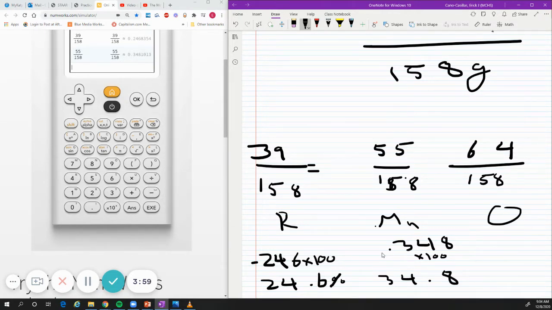And then the last one, 64 divided by 158, you get 0.405. I want this in percentage form, so that's 40.5%, and you are basically done.